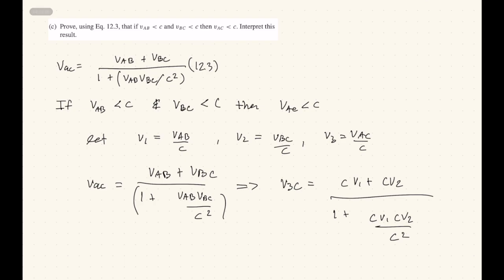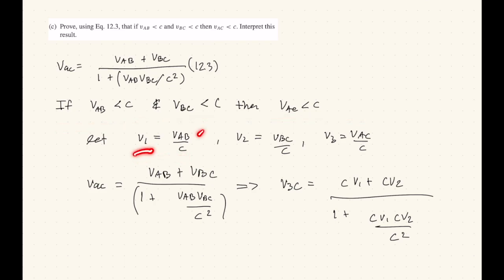Moving on to C. We're asked to prove using Einstein's velocity rule that if VAB is less than C and VBC is less than C, then VAC is less than C, and we're asked to interpret the results. So, this is Einstein's rule, and this is the problem we stated again. I first started by defining some new values that will help us write this equation in a cleaner way.